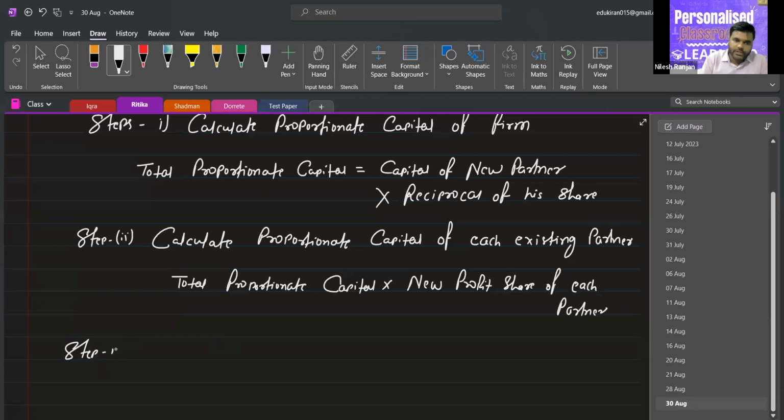Step 3 is to calculate the adjusted capital of each existing partner. Now, do you remember how we calculate adjusted capital?